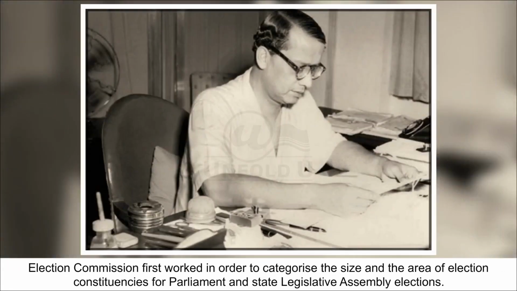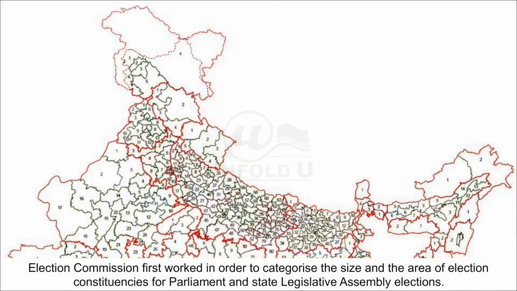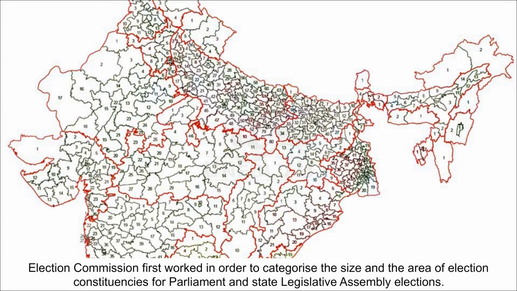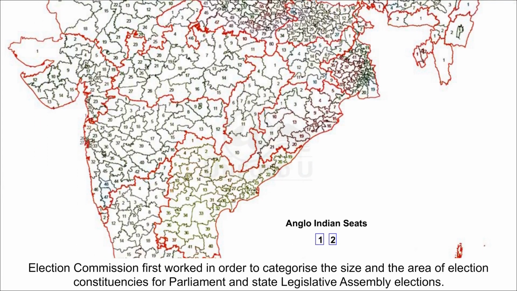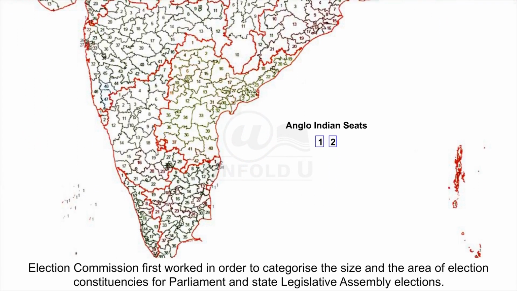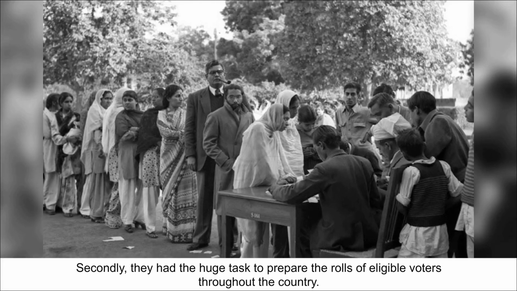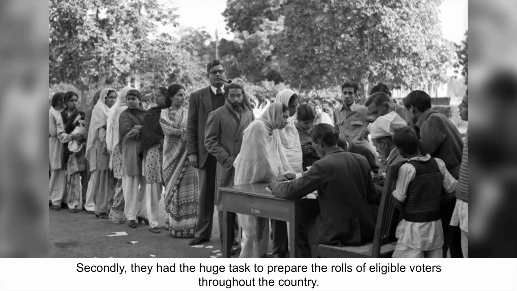The Election Commission first worked to categorize the size and area of election constituencies for Parliament and State Legislative Assembly elections. Secondly, they had the huge task to prepare the rolls of eligible voters throughout the country.